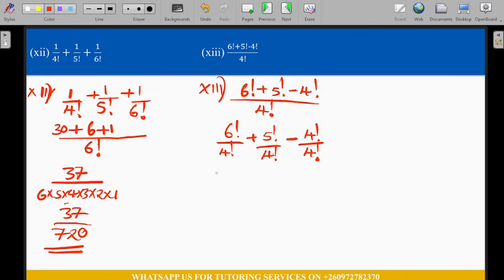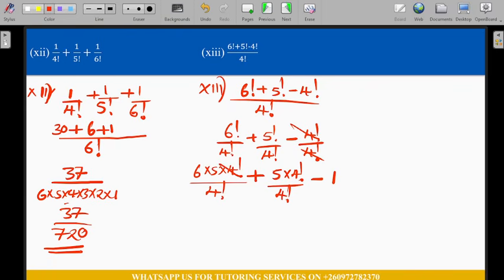So here we evaluate 6 factorial over 4 factorial, and to evaluate it, we reduce 6 factorial up to 4. So we say 6 times 5 times 4 factorial over 4 factorial, then plus 5, then 4 factorial over 4 factorial, they cancel, that's a 1.